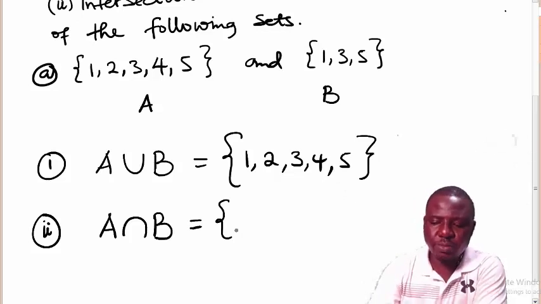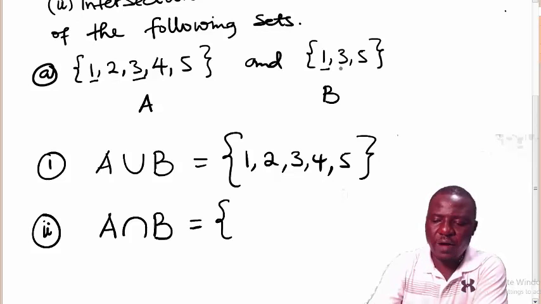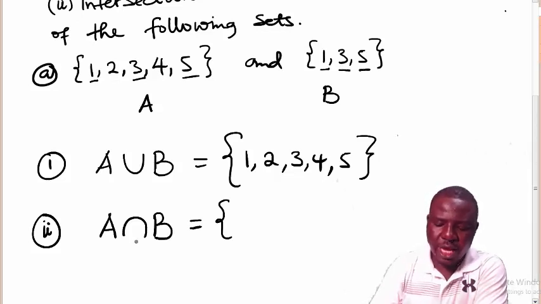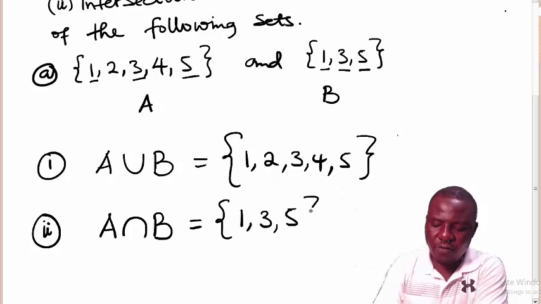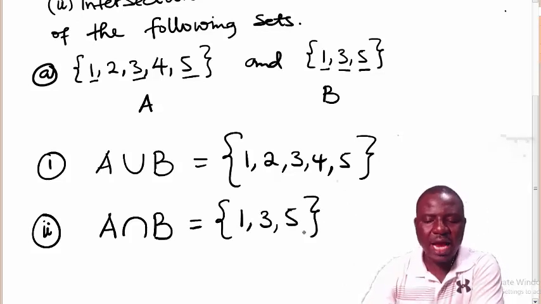So comparing A and B, we have 1 to be in A and B, 2 is not there, we have 3, as well as 5. So A intersection B can be said to be a set 1, 3, and 5. Also, I can refer to set B to be equivalent to the intersection of A and B.